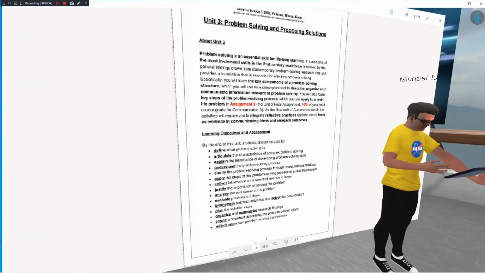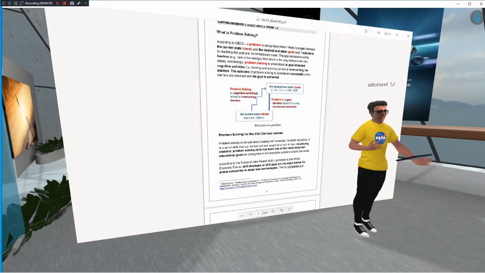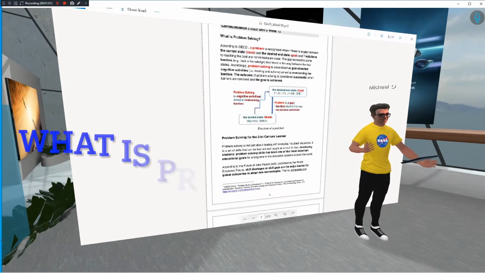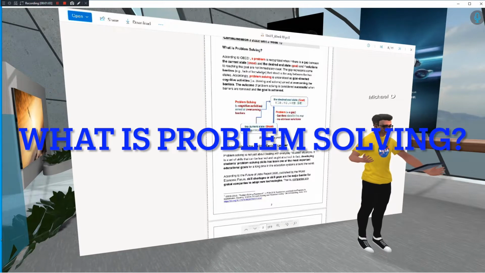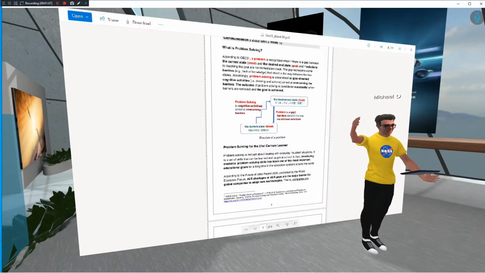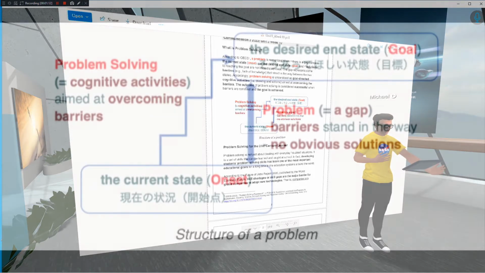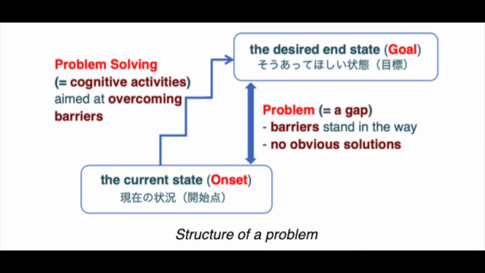On page 2, you will find our first description to answer the question, what is problem solving? There's a structure which we hope will highlight the key components of problem solving.